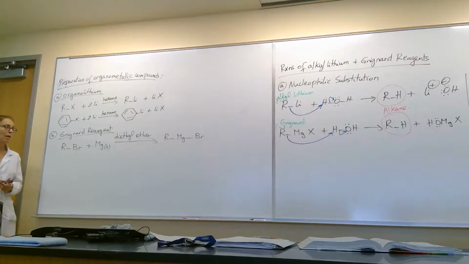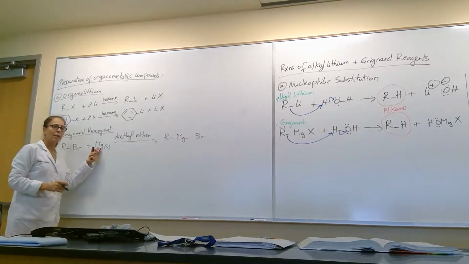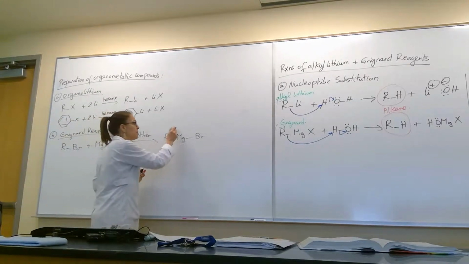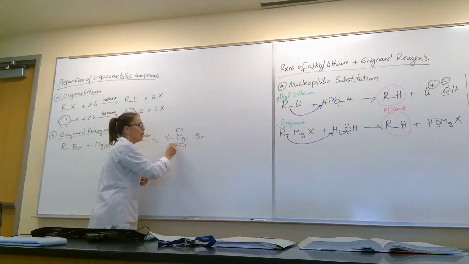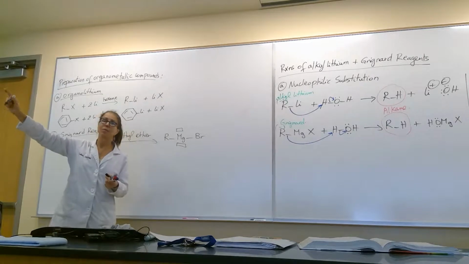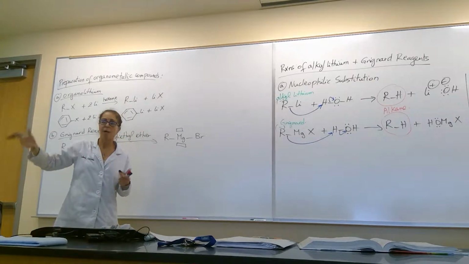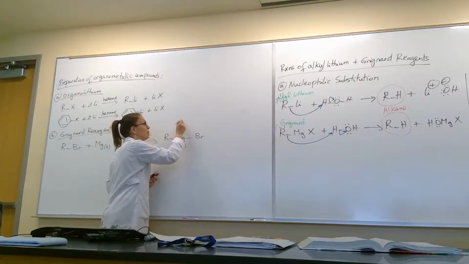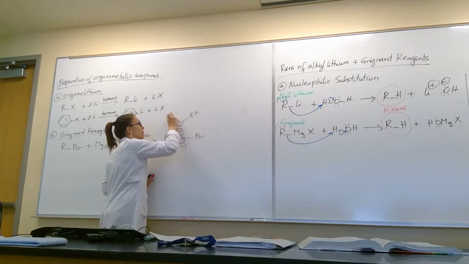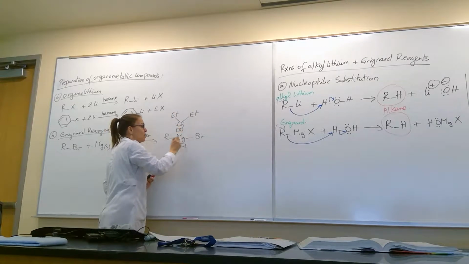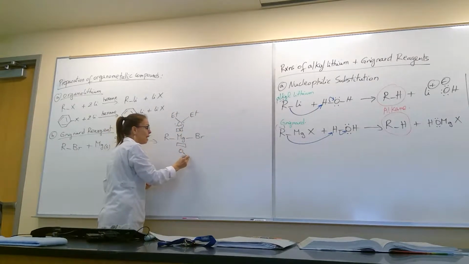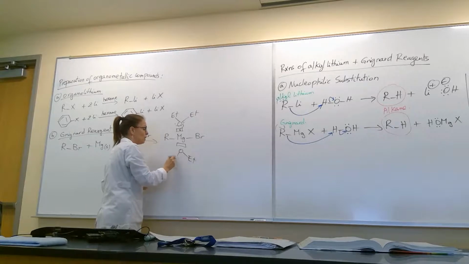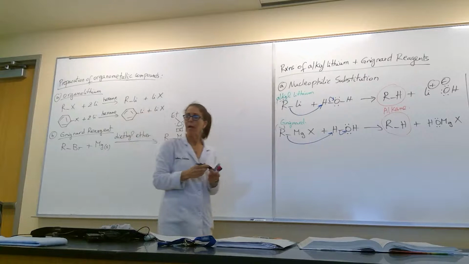Okay? Now, what's interesting about magnesium? It has empty orbitals. Because it's 3s2, the 3p and the 3d orbitals are all empty. So what happens is the ether, having two lone pairs, will attach here to hold it in place and stabilize the magnesium.